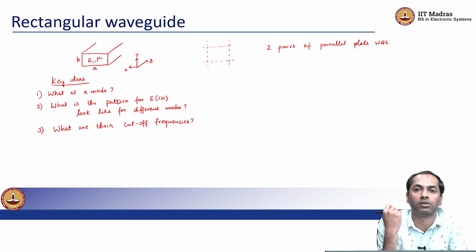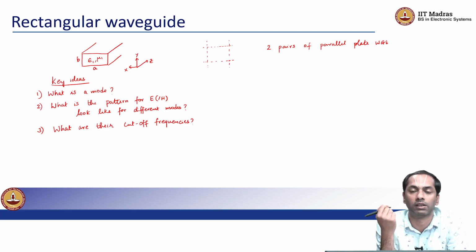All right. So another thing, while I discussed about the key ideas, students may also wonder if we have these coaxial lines or transmission lines for transporting electromagnetic fields or voltages and currents at high frequencies, then what is the advantage of rectangular waveguides? What do they bring?